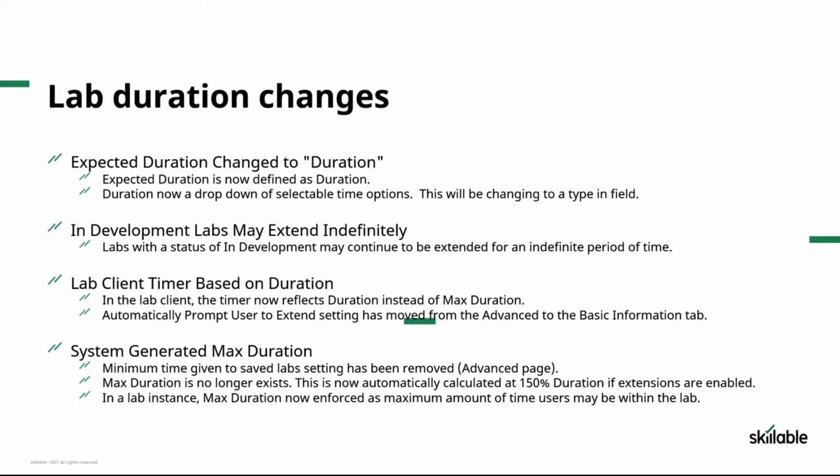So the duration field now replaces the expected duration. If you have looked at this, you will notice that it's now a drop down field which you select time options from. So there's a list of time options to pick from. I'll come back to that in a moment.